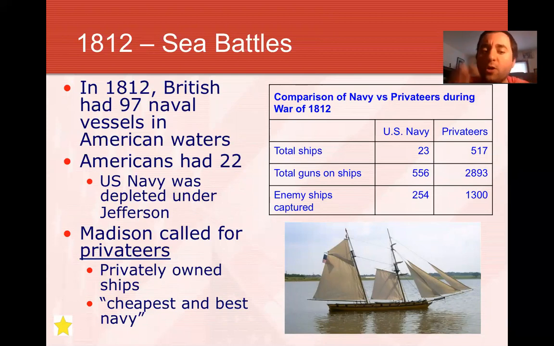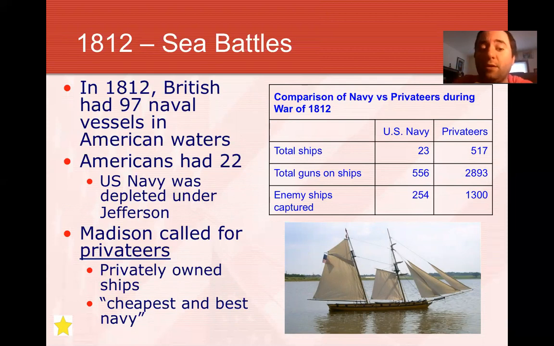So what Madison is going to do as the nation's president, commander-in-chief, is he needs to call on privateers for help. Think of the word private. Your own, right? So a private company is a company that somebody owns.